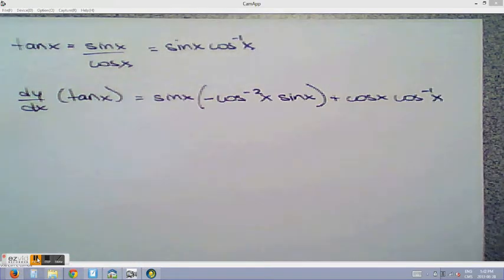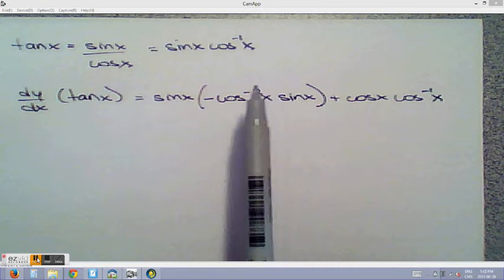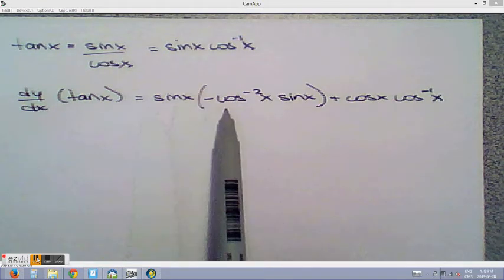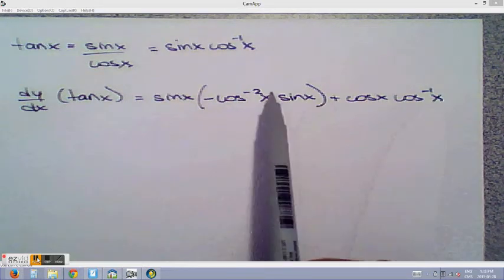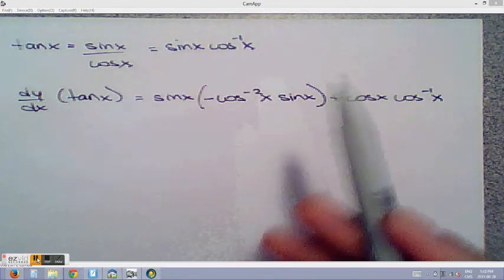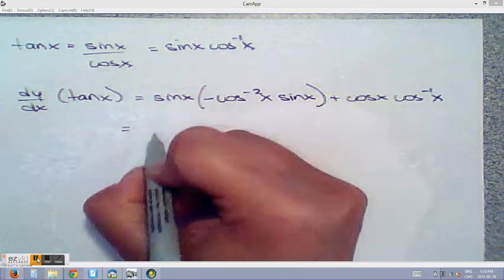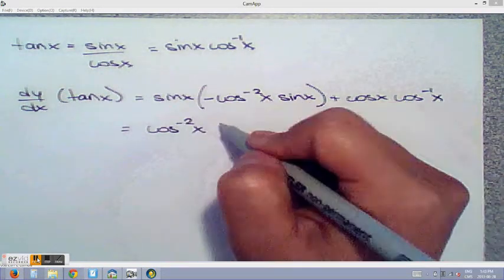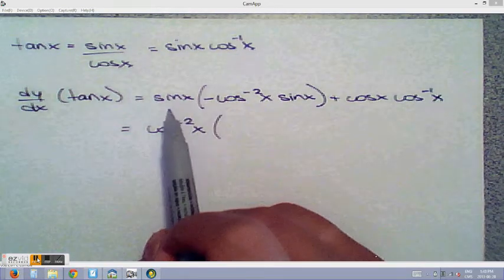So I'm going to factor out the lowest power, which in both cases we have cosine x, it's common, so we're going to factor out cosine of negative 2x. And what I'm left with is sine x.